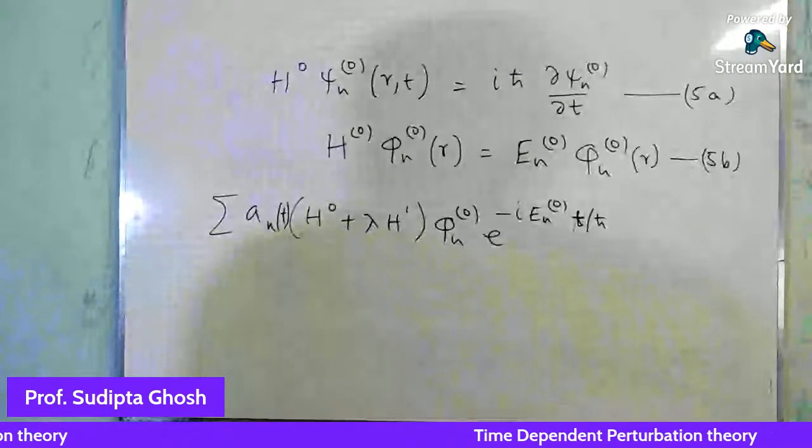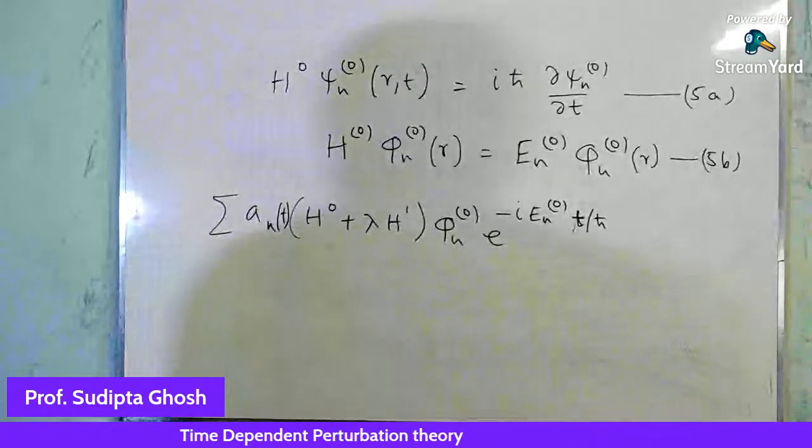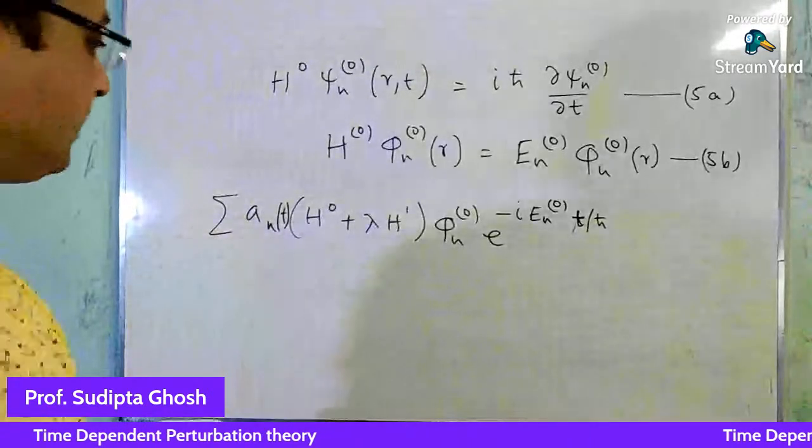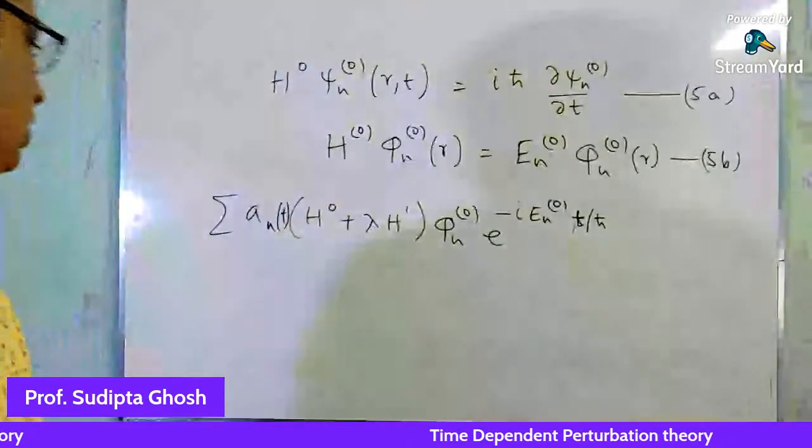This was the value of psi of r, t, and after substituting it into the left hand side of equation 2, we get this.